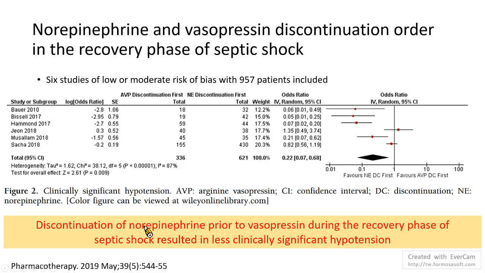So do remember as a take-home point: if your patient is running both norepinephrine and vasopressin and is getting more stabilized, then discontinue norepinephrine first, and then taper down the vasopressin dose second. It is quite important.